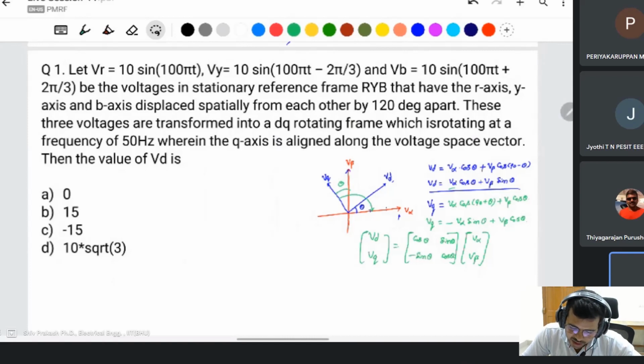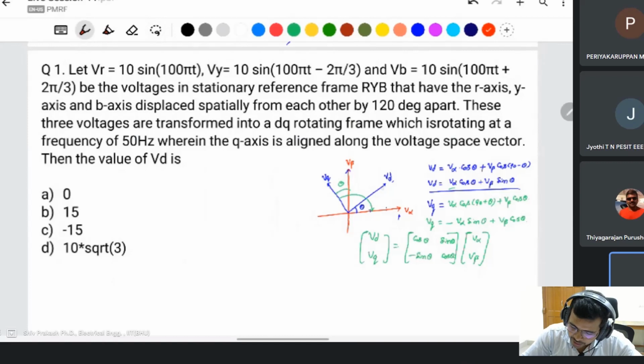With the voltages in a stationary reference frame, the R axis, Y axis and B axis are displaced by 120 degrees apart. These three voltages are transformed into a DQ rotating frame, which is rotating at a frequency of 50 Hz.